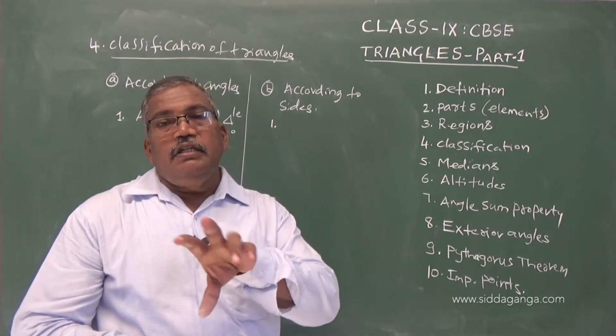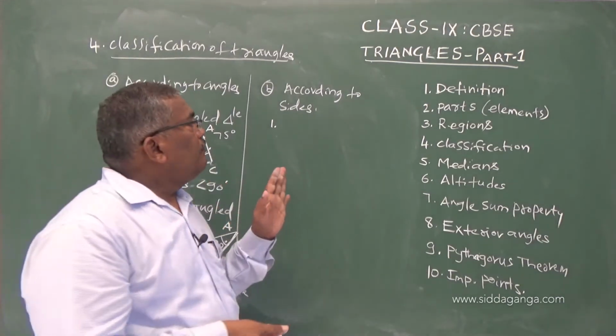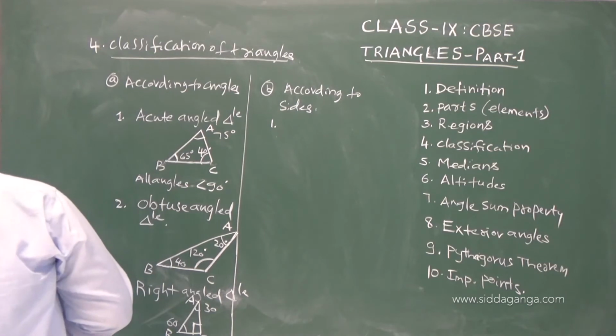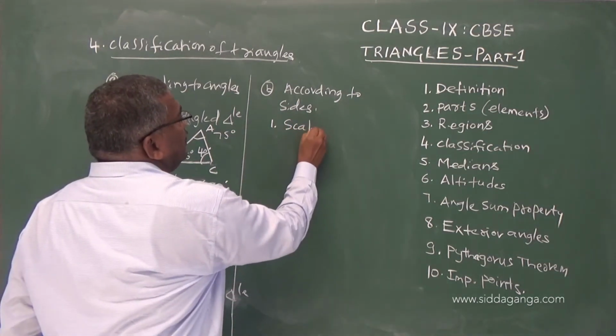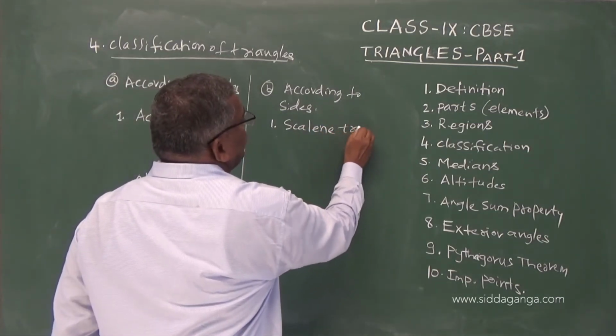In such case, they are not equal. So, all three lengths are not equal. We call them as scalene triangle, SCALENE.